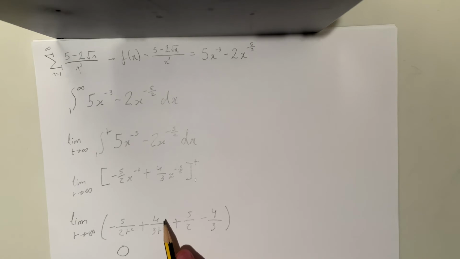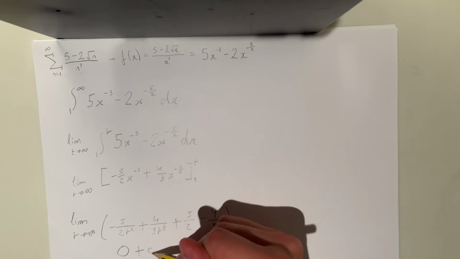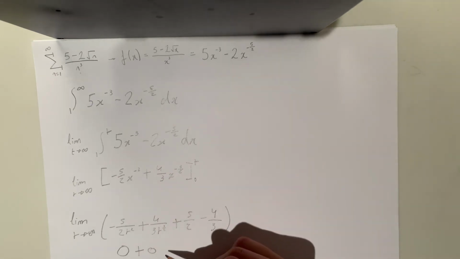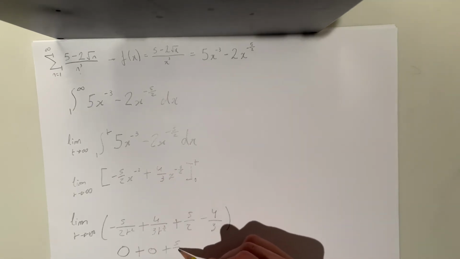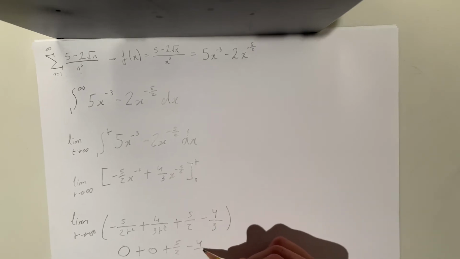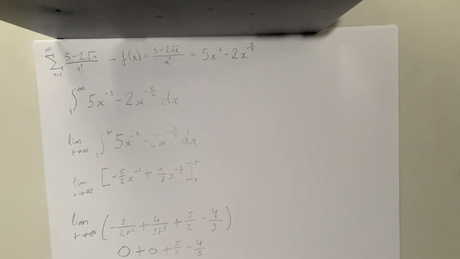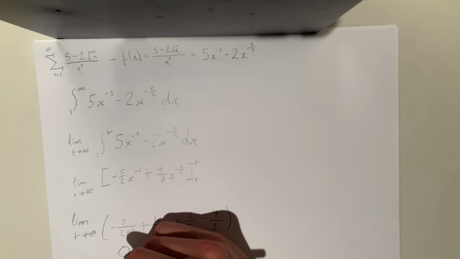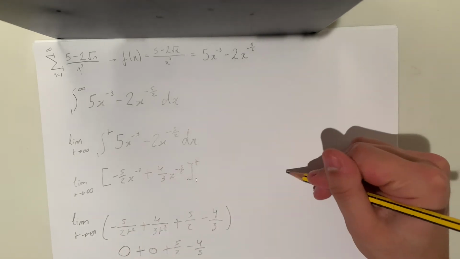This 4 over 3t to the power of something bigger than 1 also tends towards 0 because it's 4 over 3 times infinity sort of. So it's also going to be equal to 0. So it's going to be 0 plus 0. Then plus 5 over 2 minus 4 over 3. And this is going to just be equal to 7 over 6.